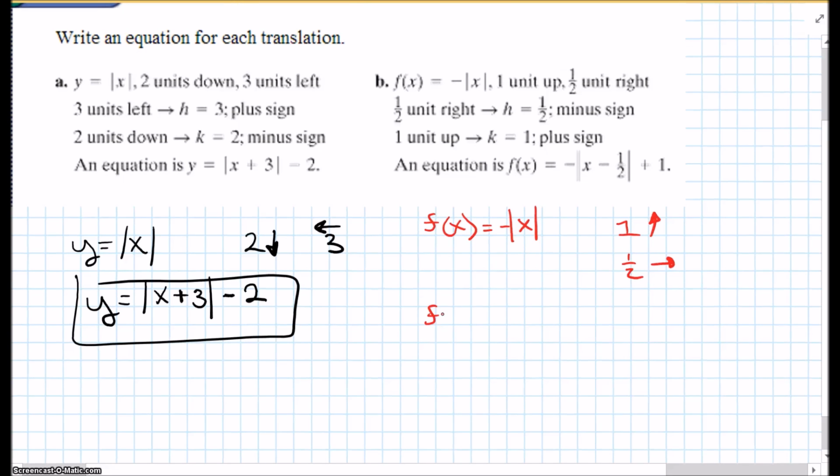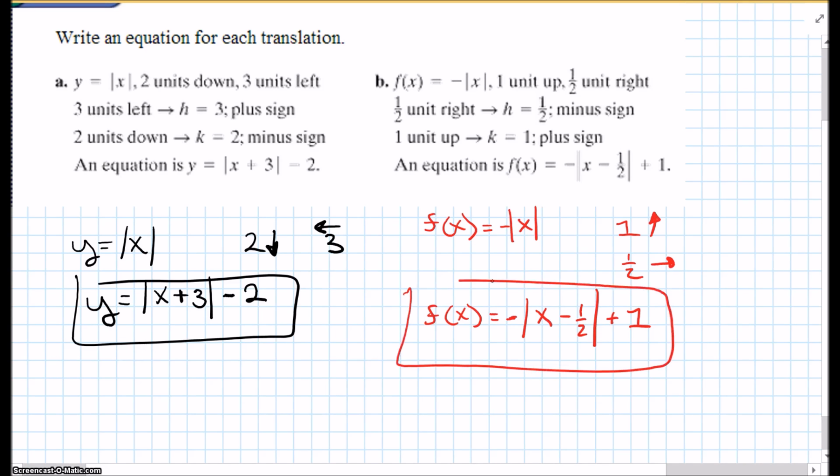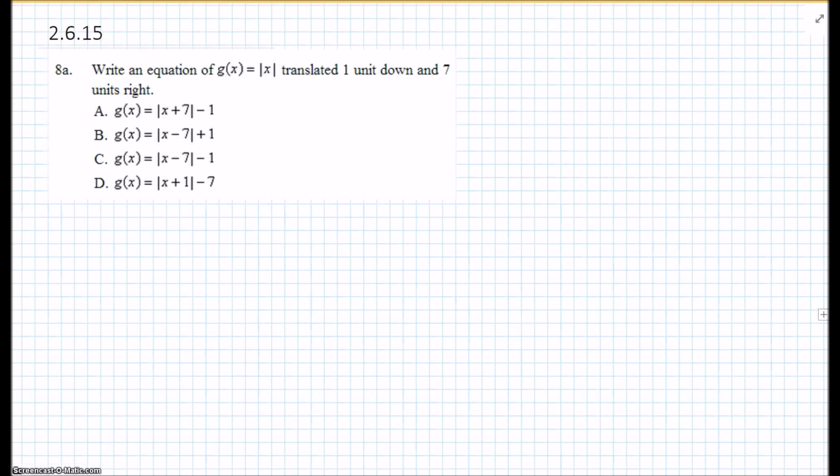So we're going to have f of x equals negative absolute value of x. Since we want to go to the right, we're going to have to minus 1/2, close the absolute value sign, and we want to go up 1, so plus 1. Remember, horizontal is inside the absolute value signs, vertical is outside the absolute value signs.